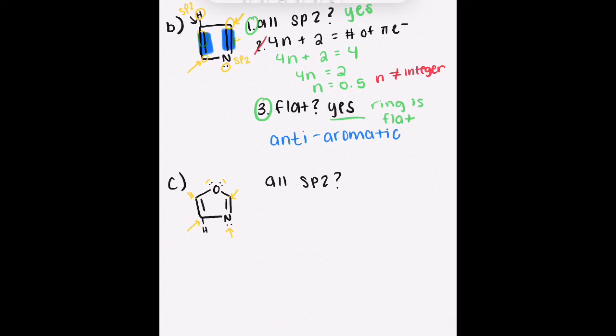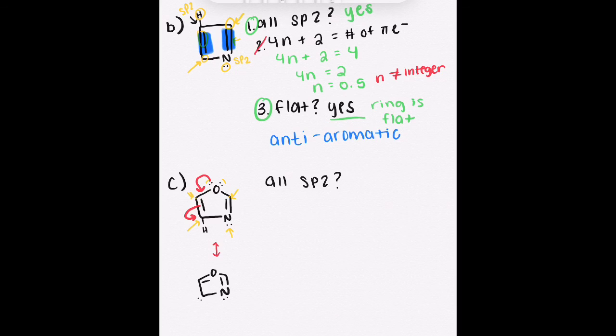But in this case, we can do resonance with the ring. So right now it looks sp3 hybridized, but when we do resonance with the lone pairs, we can move this one here and move this bond as a lone pair. So therefore, it will look like this, with a double bond and a lone pair.